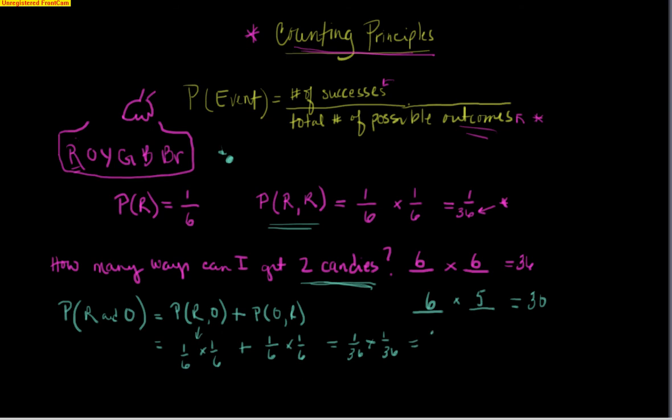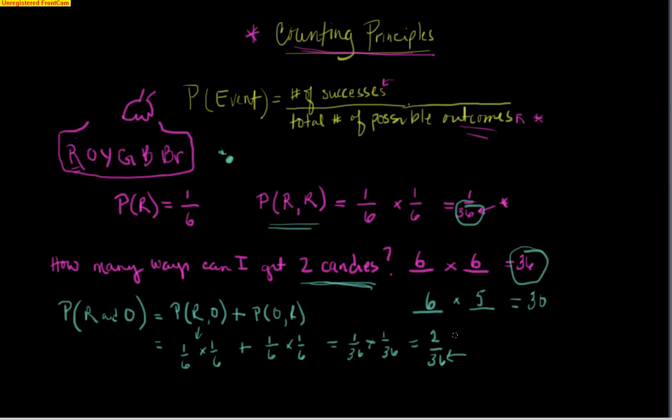All right, and so that becomes 2 out of 36. If we break that up, it means the bottom number is 36 because I was replacing it, just like I got from the counting principle. There's 36 ways to draw two candies. There's just 36 different ways that I can put my hand in and take out two candies.